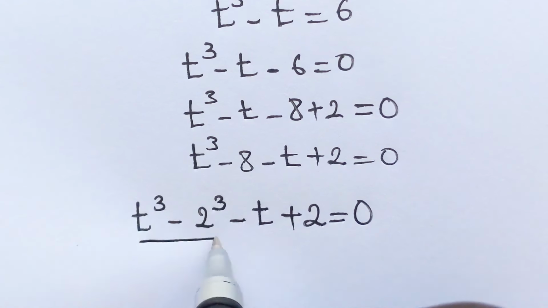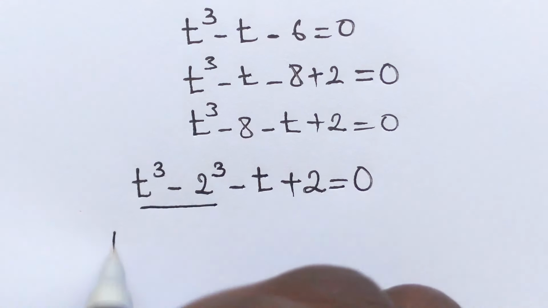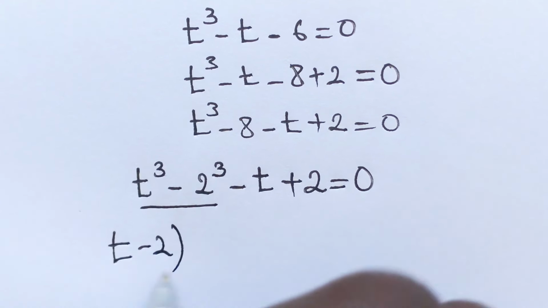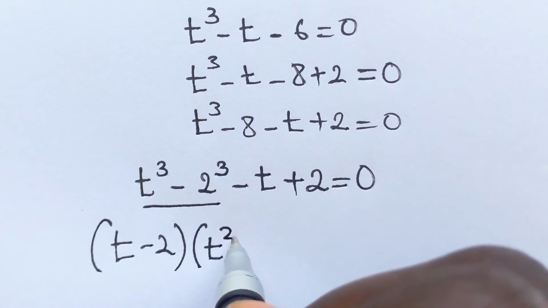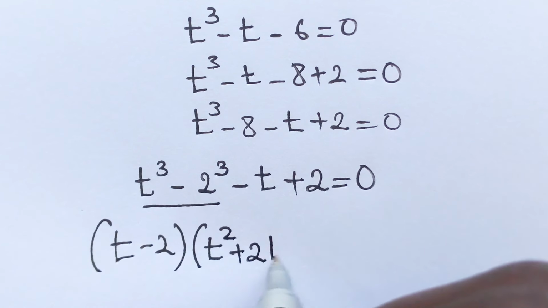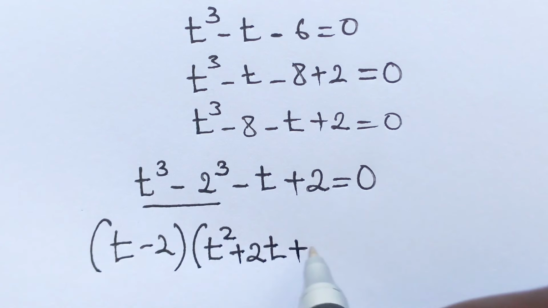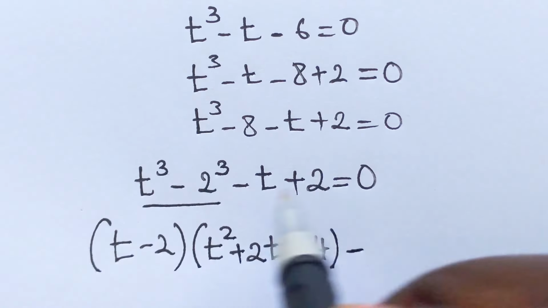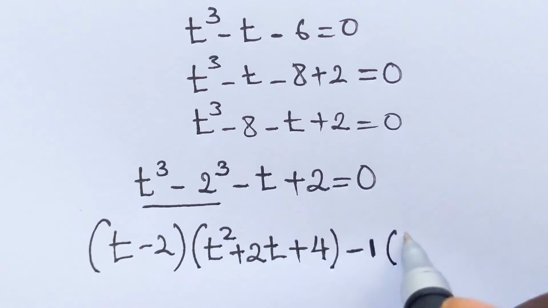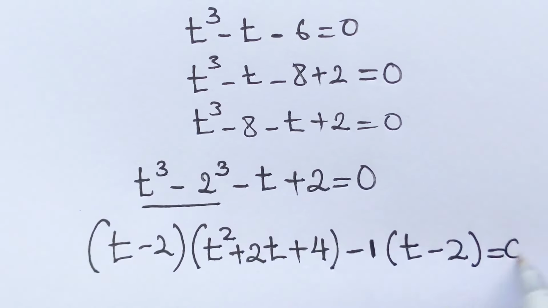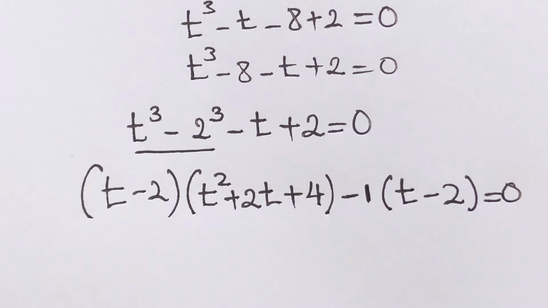We shall say we have t minus 2 times t squared plus 2t plus 2 squared, which is 4, then minus, factorizing negative 1, t minus 2 equals 0.